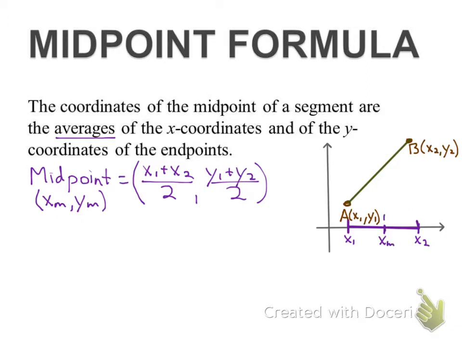It's in between them both, and that could go up and hit a point. And then if I did the same thing over on y, I'd have y1 and y2 and a middle value there. And that would meet out at the same point, and this gives me my midpoint xm, ym.